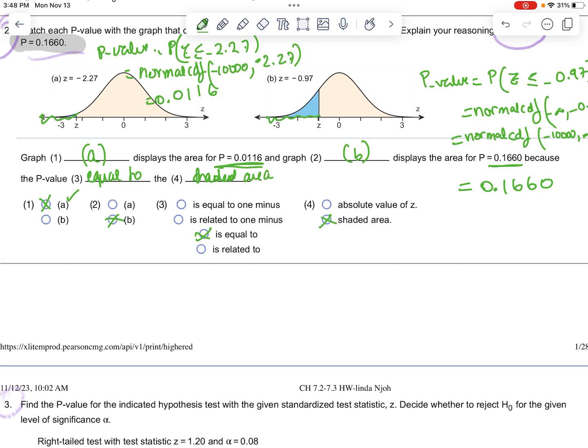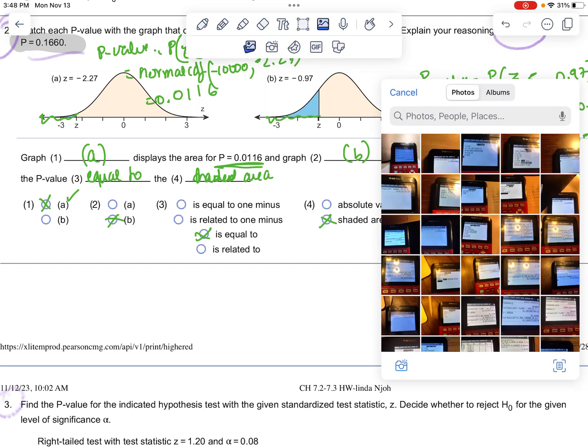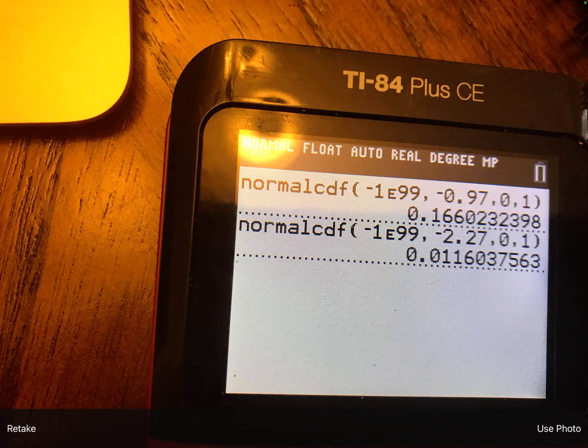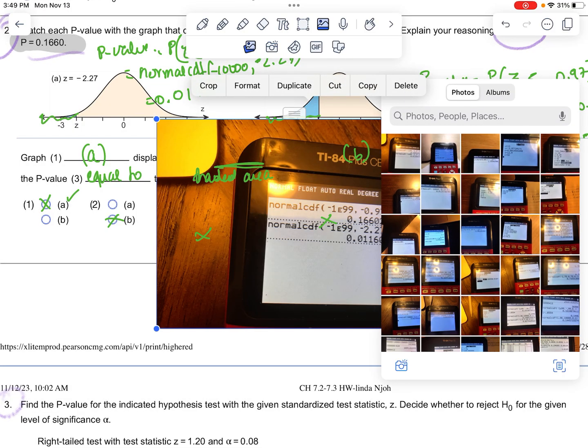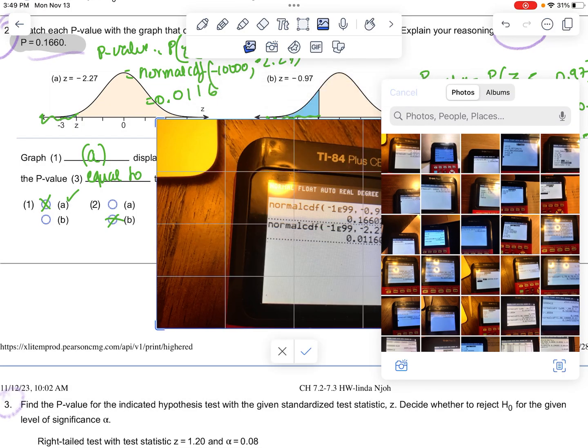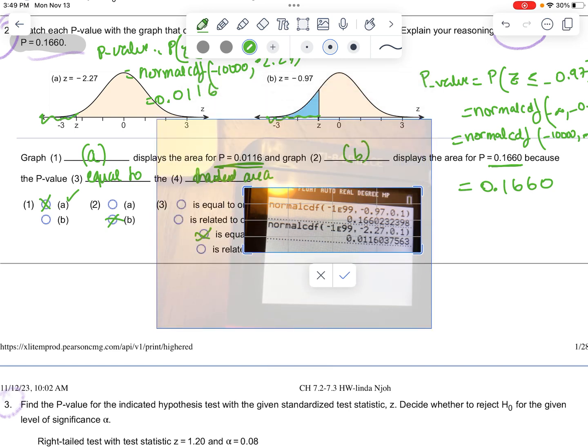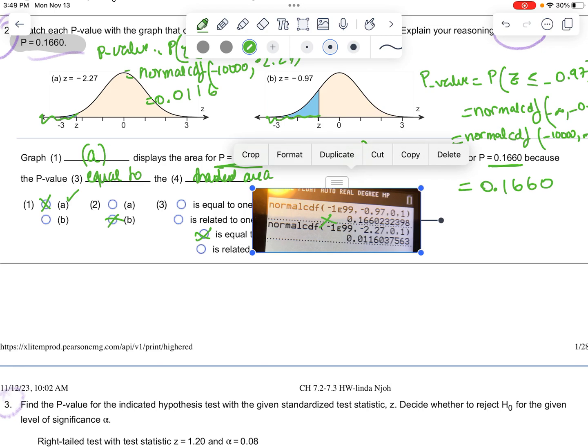So I'm going to take a picture of this so you guys can see. This is the calculation for each p-value. All right, so you guys have access to this.